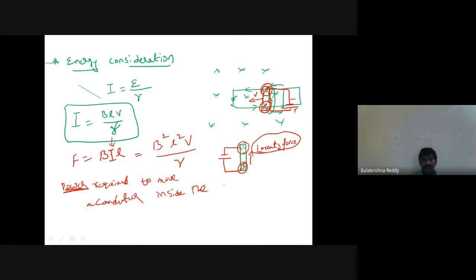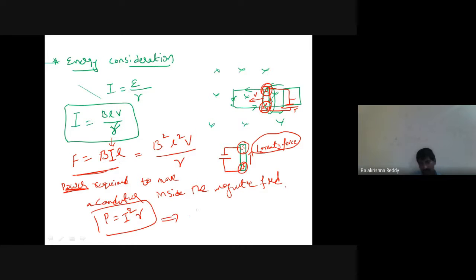Why is power needed? Because it is required to work against this force. Against this force you need power to push, so you need to apply some external force. That is the external power. We can write P equal to I squared R.